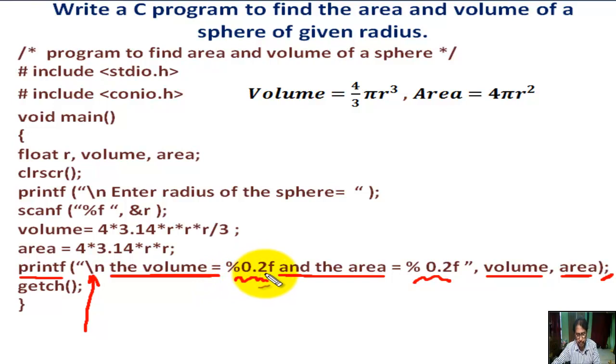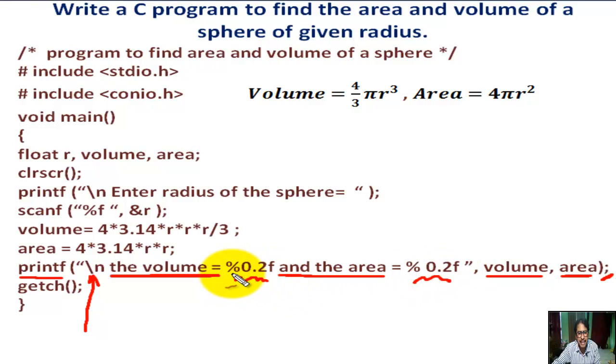Percentage 0.2f. This is the format string 0.2f for a float variable.